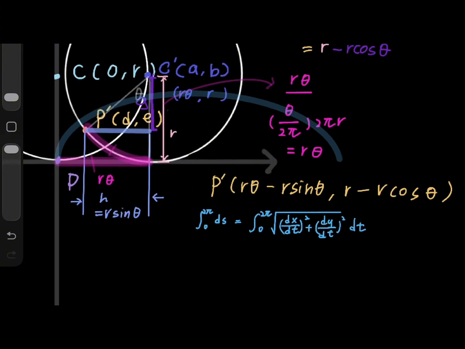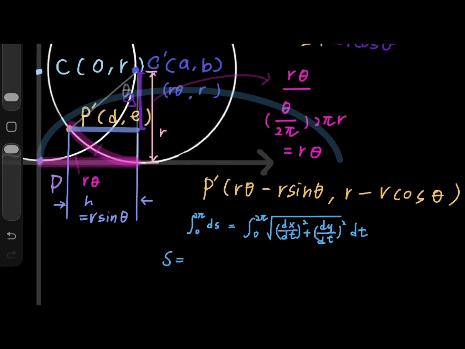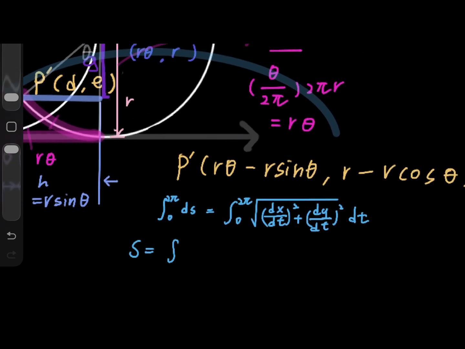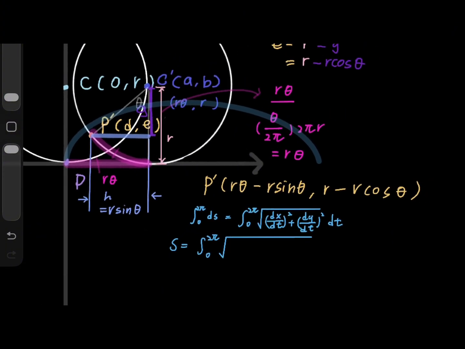So in order to calculate the length, it will be the integration from 0 to 2 pi of the square root of, let's calculate it here. Your dx over dt will be R minus R cosine theta, and it's squared.